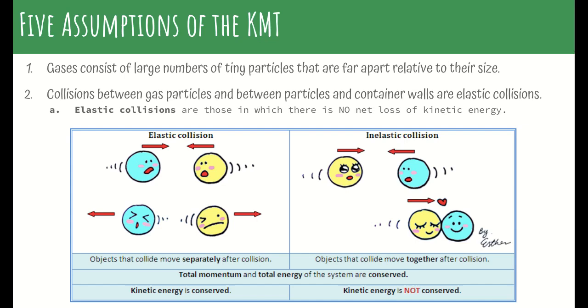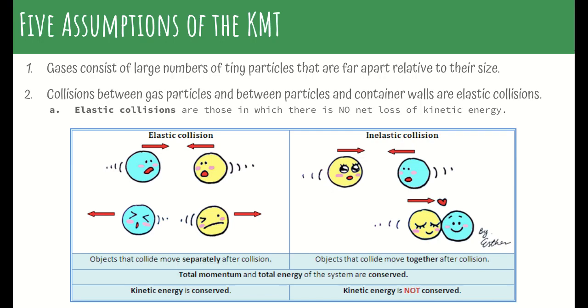The second assumption is that collisions between gas particles and between particles and container walls are elastic collisions. Okay, so that means that there's no net loss in kinetic energy. Think about it this way: let's say you had a bouncy ball and you throw it at the wall as hard as you can. You know that the wall is absorbing some of that energy.